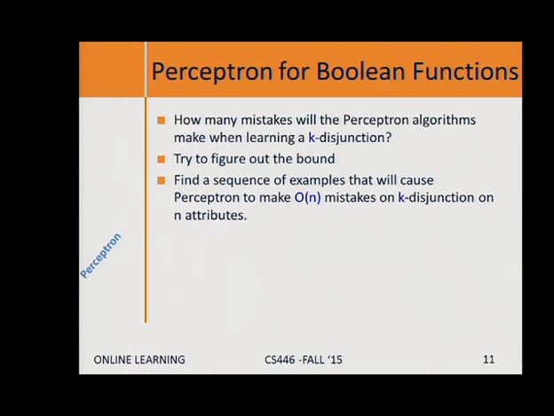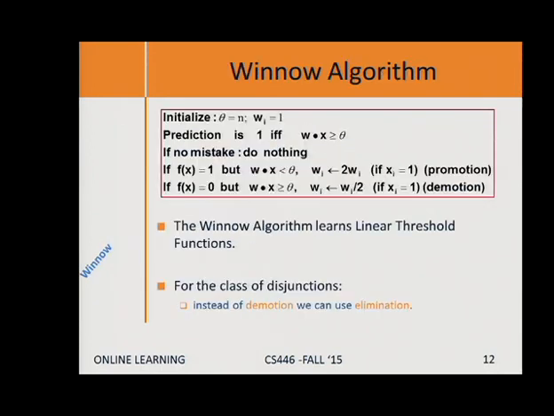It turns out that one can find a sequence of examples that will cause perceptron to make O of N mistakes. Even though N is the dimensionality and only K are important, nevertheless it will make order of N mistakes. And last time we said that we may not want this to happen.